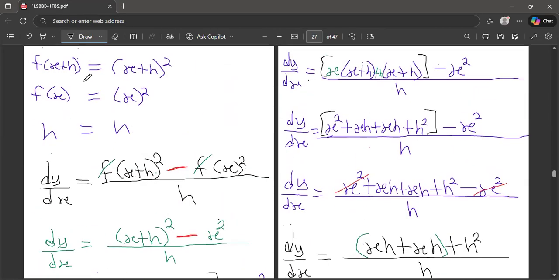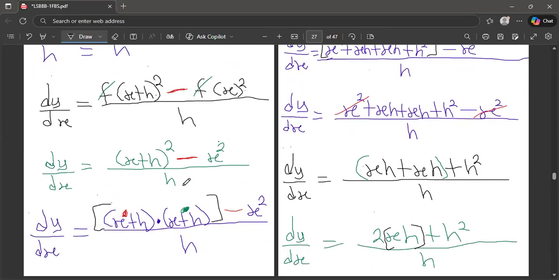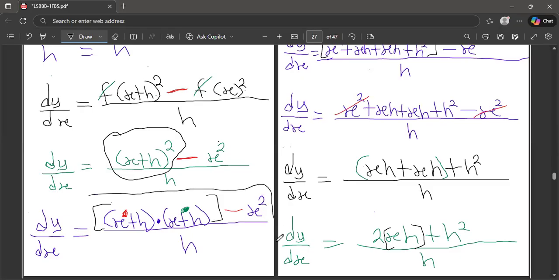And in terms of f of x plus h, I put (x plus h) squared over here, and f of x, x squared over here, as you are seeing, all over h. After that, I simplify what is in the bracket over here, all squared. And that is what we have in this next step, the one I just circled. I hope you can see exactly.